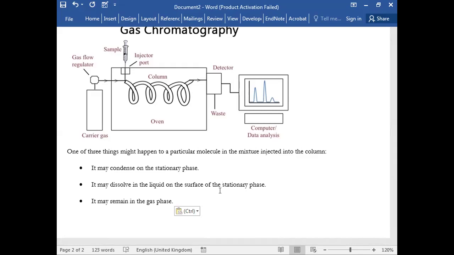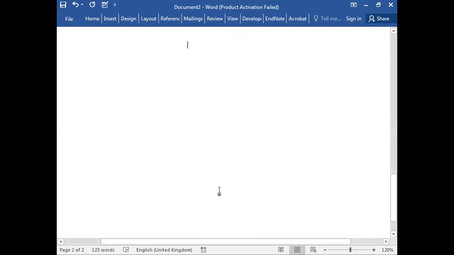These are the three factors that decide how long your component takes.